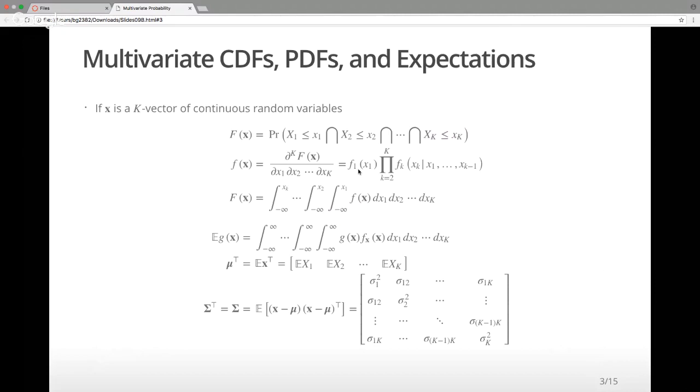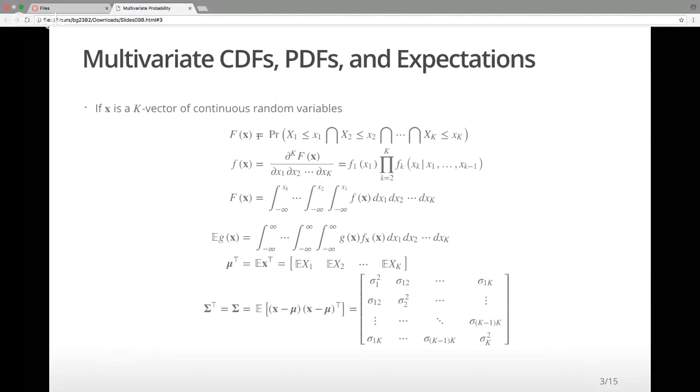Becca? So in the CDF, do those values of x1, x2, etc., they are all increasing, right? Like, x2 can't be less than x1? Big X2 can be less than big X1. Little x is the value that you like.